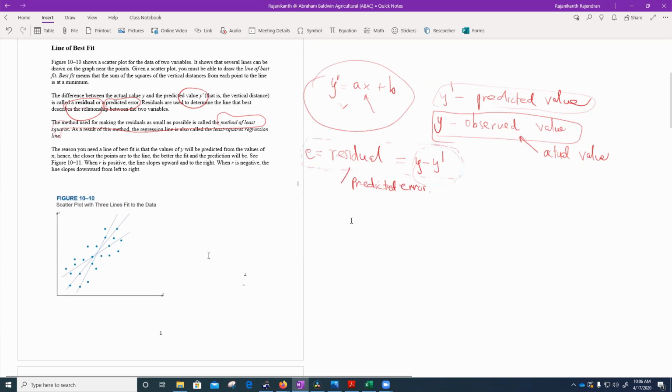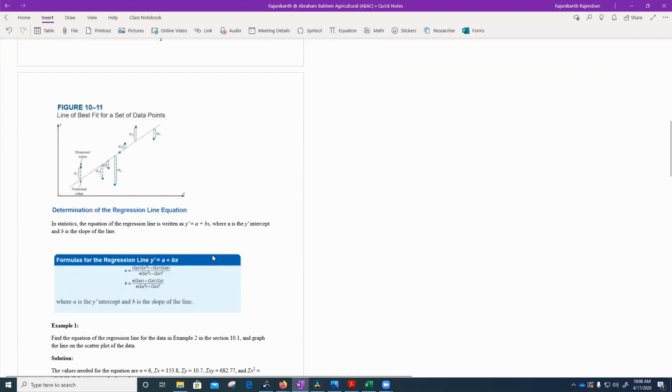Now let's look at this picture. You are given some data points. Suppose you know the best fitting line, the line that passes very close to the given data points. This is my predicted line, the y prime, the predicted equation of this straight line.